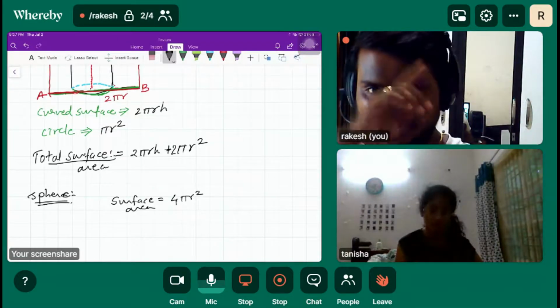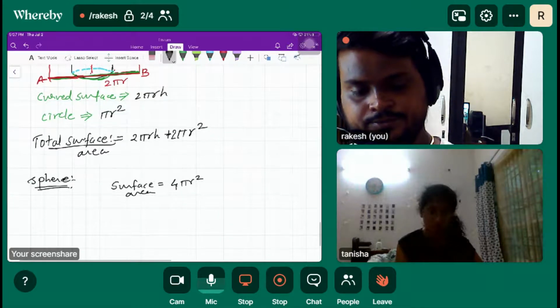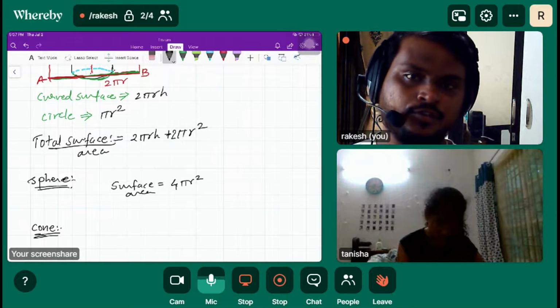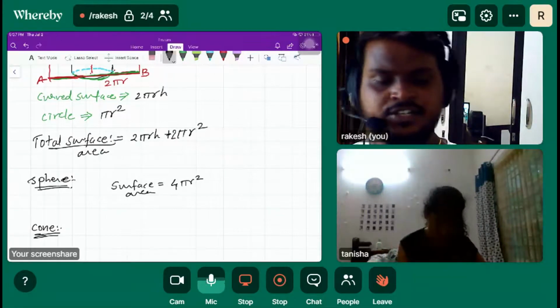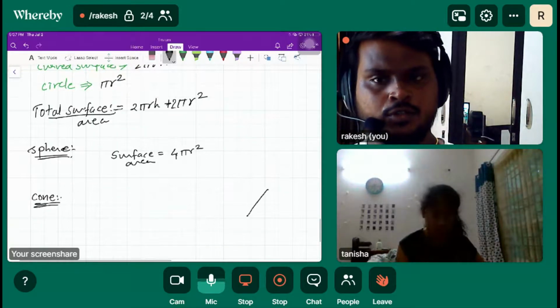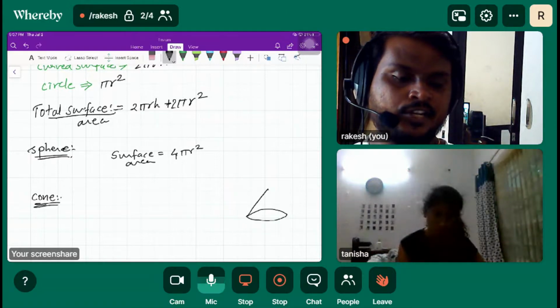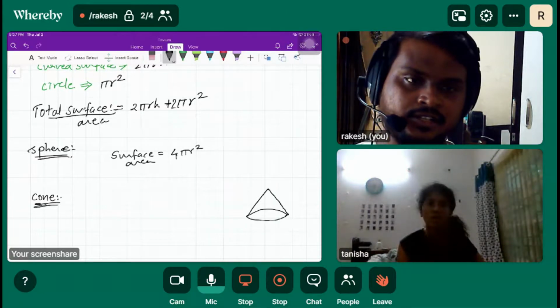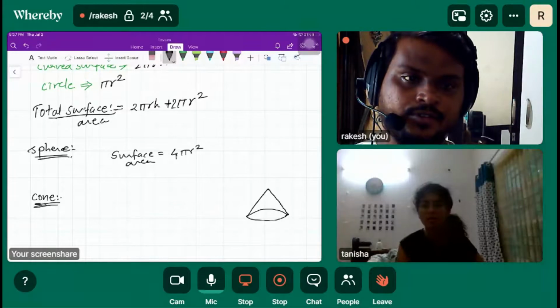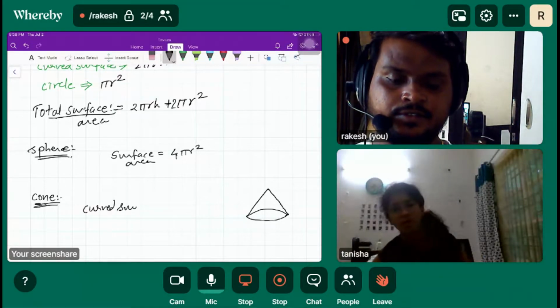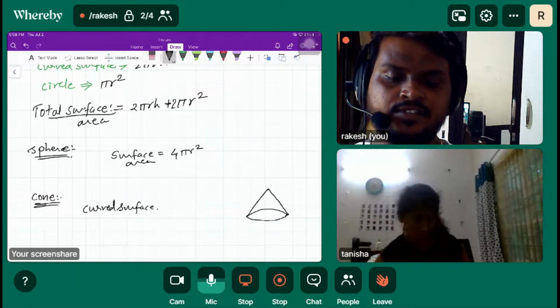Okay, and the cone, the surface area of a cone. If you understand the cone, it also has two types of surface. One is the curved surface and the other is the circle, right? The curved surface area is equal to pi r l.